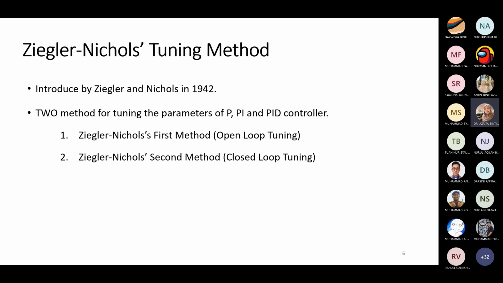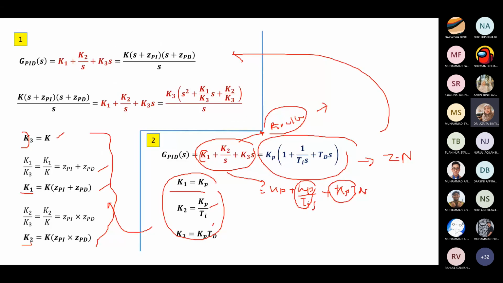The general equation for the Ziegler-Nichols controller is given by Kp multiplied by (1 plus 1 over TiS plus TdS). So that is meant to design the PID using the Ziegler-Nichols. So we need to find the Kp value, the Ti value, and the Td value.